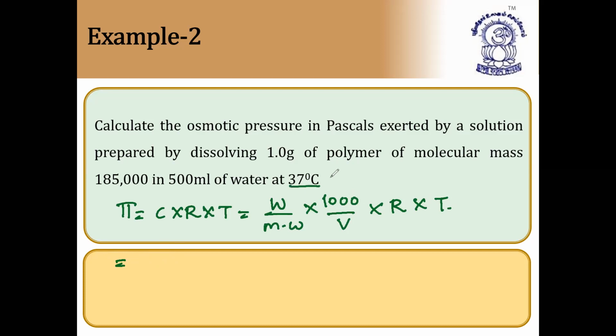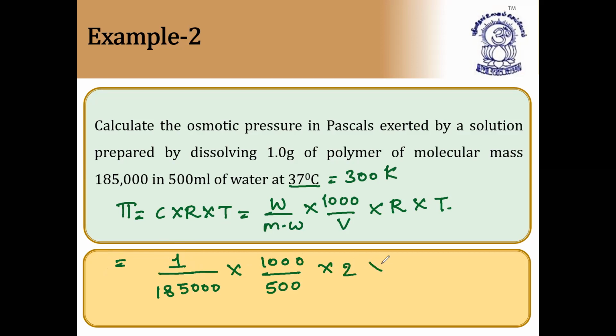So 273 plus 37, it is 300 kelvins. So now substituting in the formula, pi is equal to W, that is 1 gram, by 1,85,000 into 1000 by 500 into R into T. That is R value 2, the temperature 300.